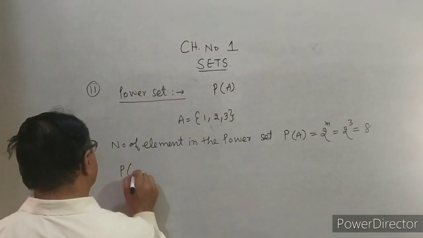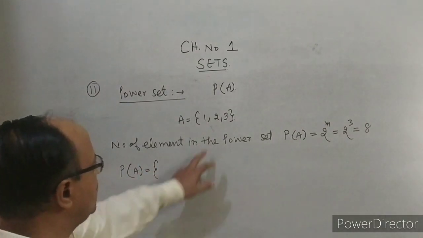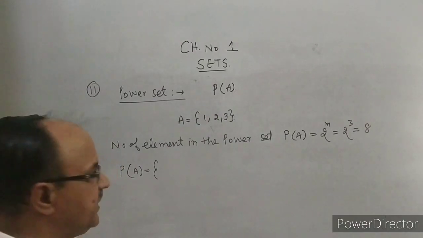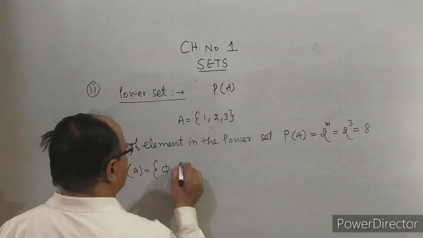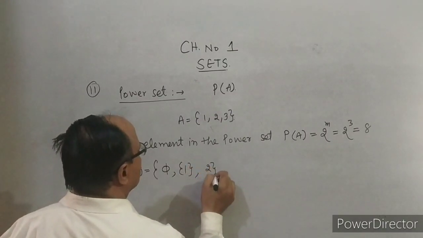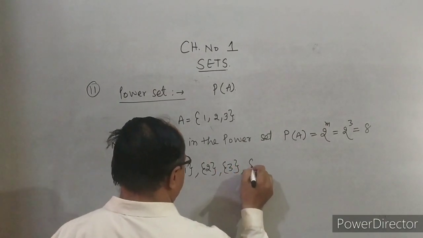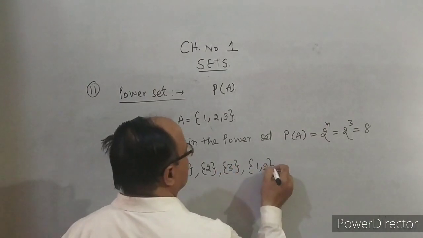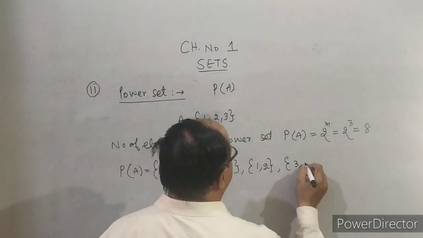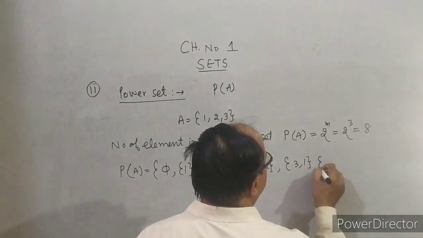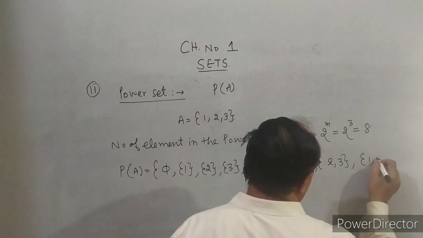Now elements of a power set: all the subsets of set A are the elements of the power set. For example, {1}, {2}, {3}, {1, 2}, {2, 3}, {1, 3}, and {1, 2, 3}.